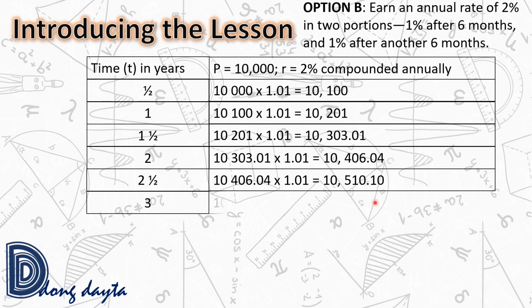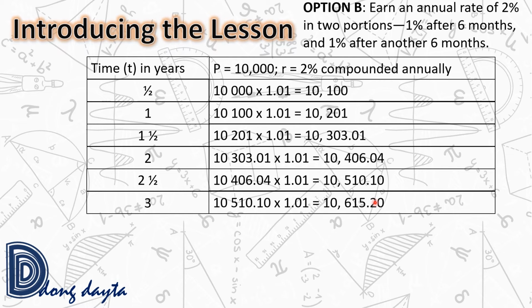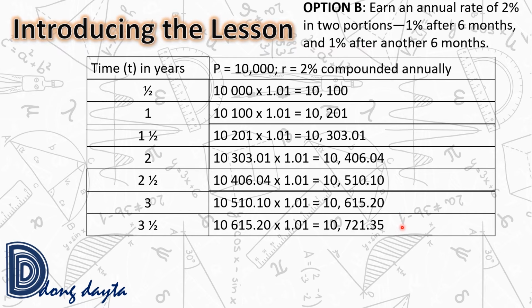At the end of the third year, 10,615 pesos and 20 centavos. 3.5 years, 10,721 pesos and 35 centavos.